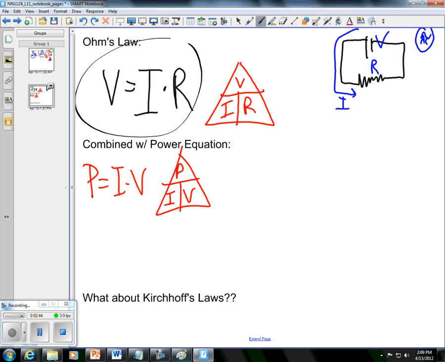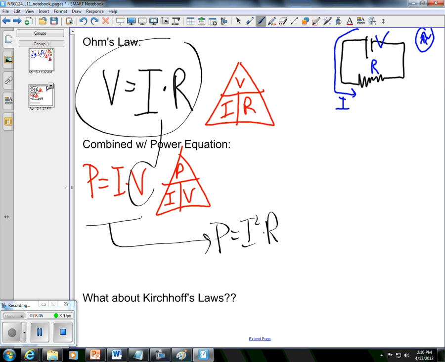So if voltage is current times resistance, we can actually plug that in, and we'd find that power is current times current, which is squared, times the resistance. So we could actually find power without knowing voltage if we knew resistance and current flow.